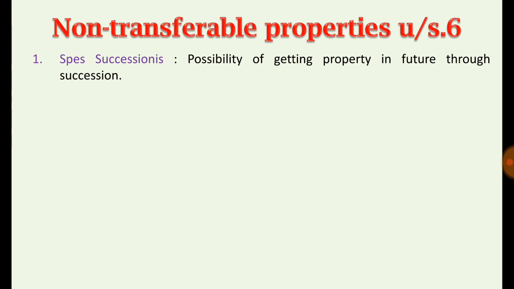Such properties are not property in the present. That person is not the owner of that property in the present, or presently has no vested interest over that property. Therefore such property is not transferable, because it is just a possibility of getting property in the future through succession. These are naked possibilities, it is not a right. So how can a possibility be transferred?